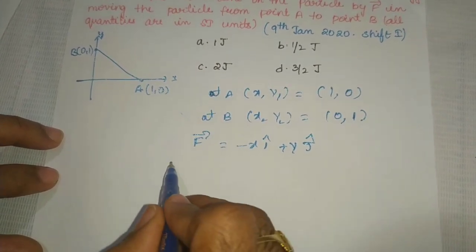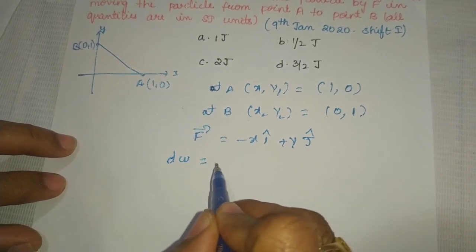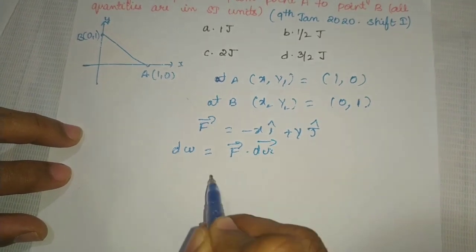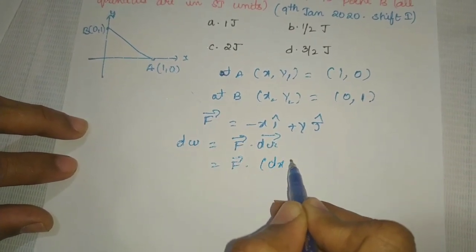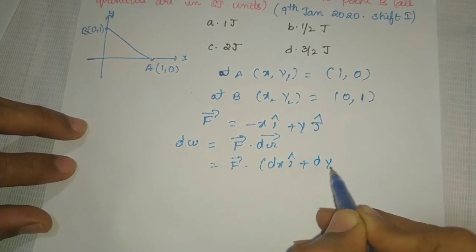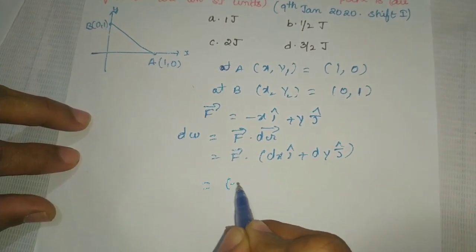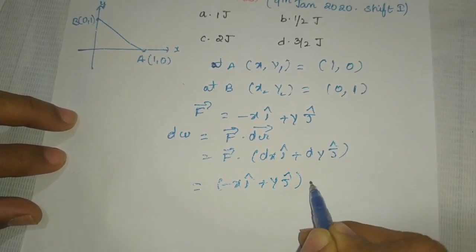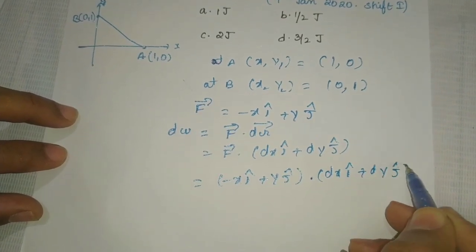For a variable force, the work done for a small displacement is dW equal to F bar dot dr bar. Here dr bar is dx i cap plus dy j cap. So F bar is minus x i cap plus y j cap, dot dx i cap plus dy j cap.